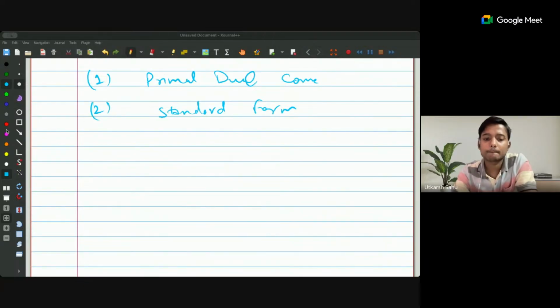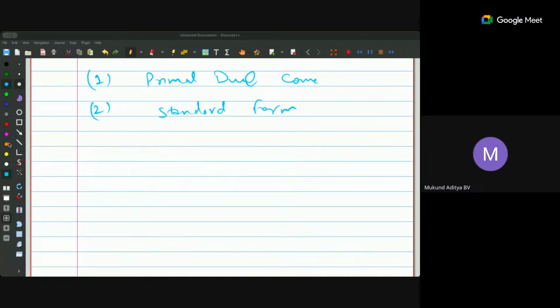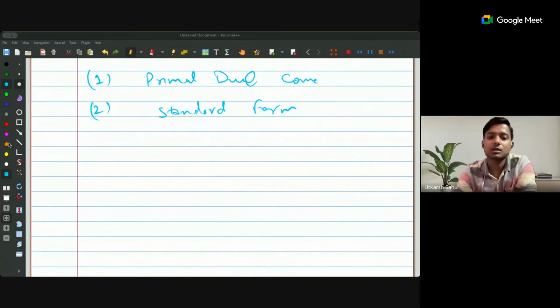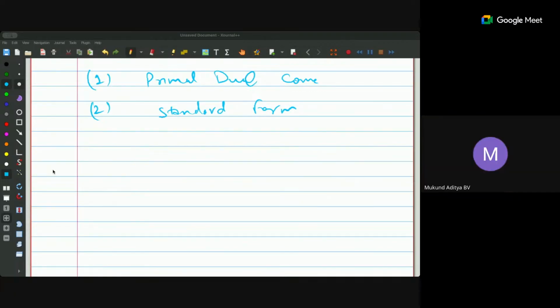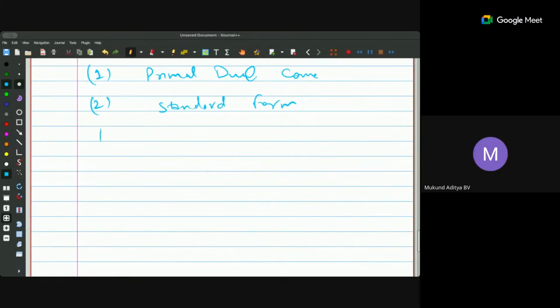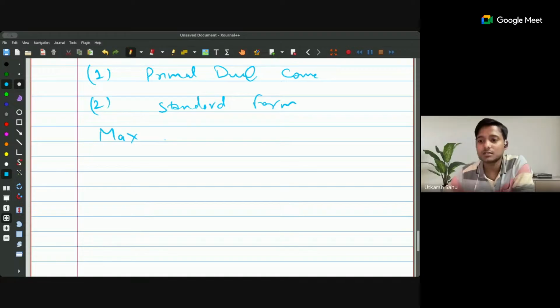What is a primal? In standard form, do we have all less than equal to constraints? Yes, all the constraints are always less than equal to if you have a maximizing objective function.